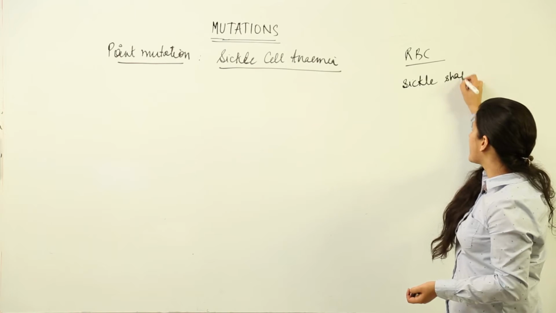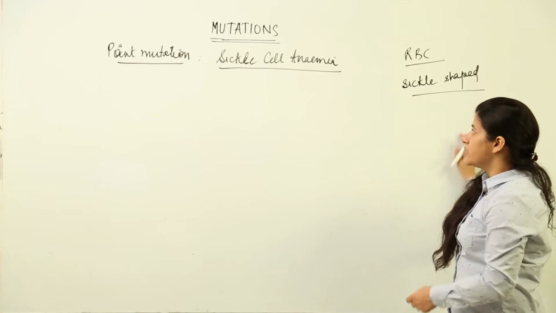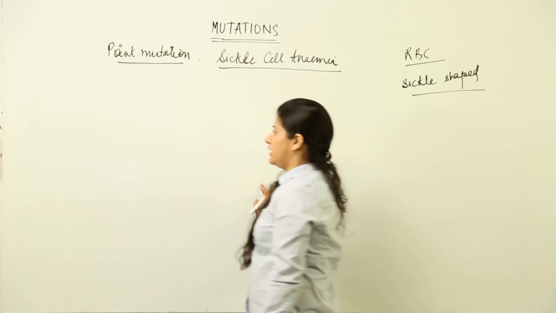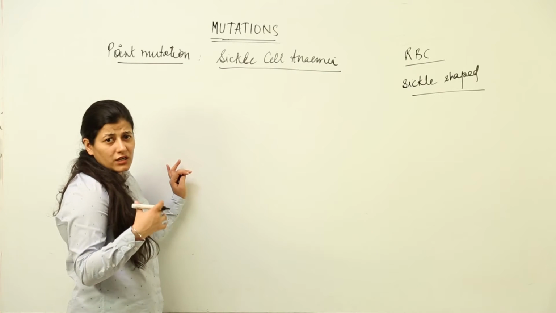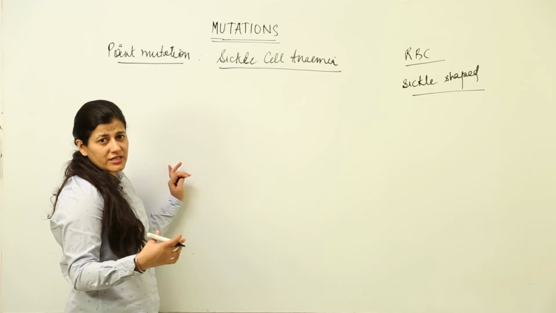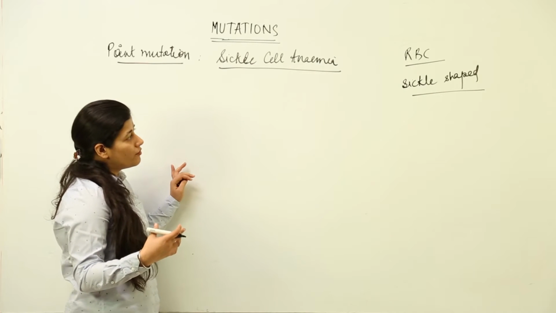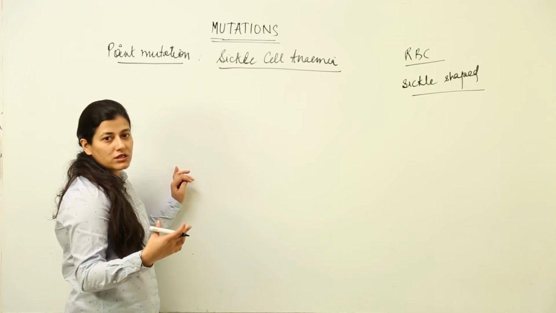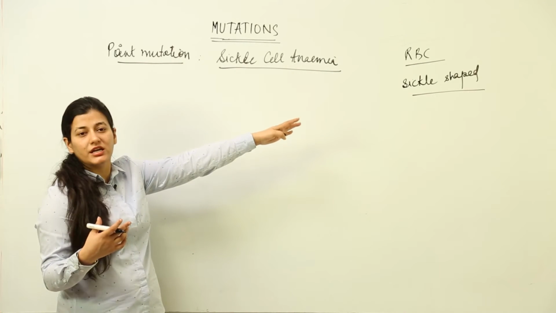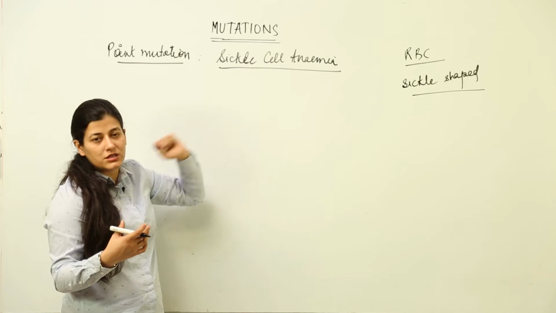So this is the condition for sickle cell anemia. Somewhat they are anemic also, and they have problems when oxygen stress is there. They cannot perform all the functions. Respiratory stress also occurs because the RBCs have taken the sickle shaped arrangement.